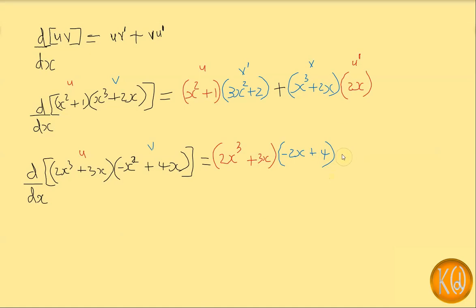From the formula, you know we have a plus here. Now we're going to have the second times the derivative of the first, so that's x cubed plus 2x, great, times the derivative of the first.